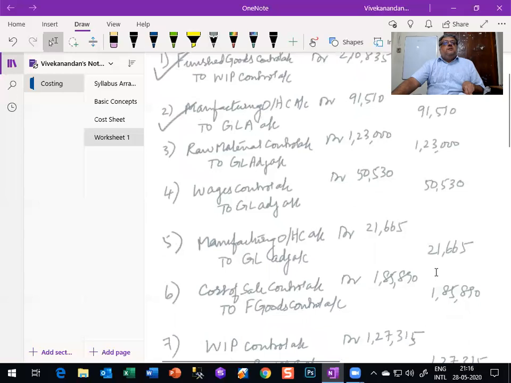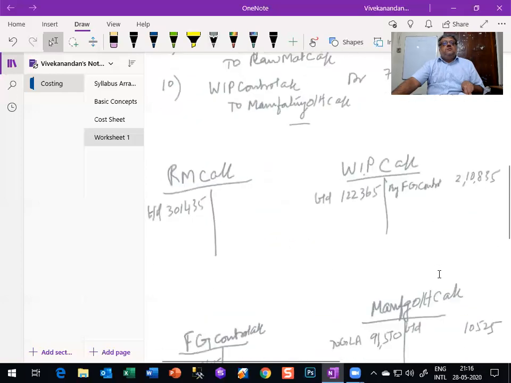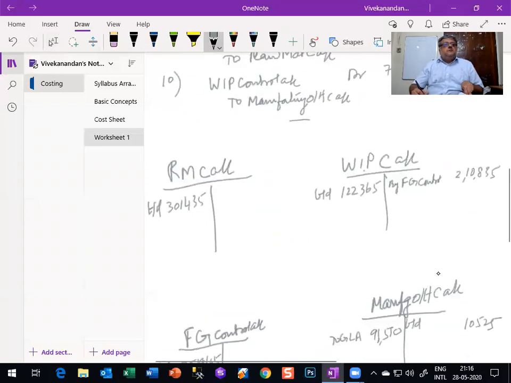Then raw material control account to general ledger adjustment account, 1,23,000. Raw material to general ledger adjustment account, how much? 1,23,000.